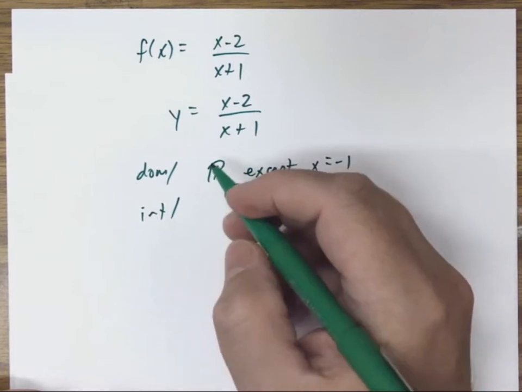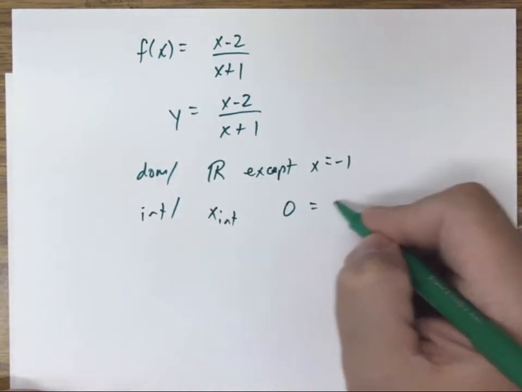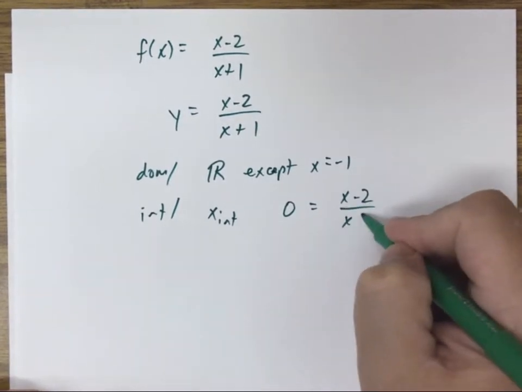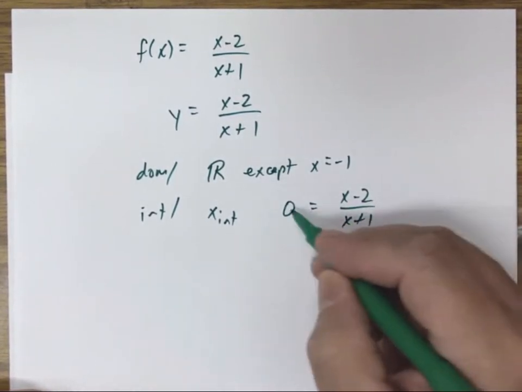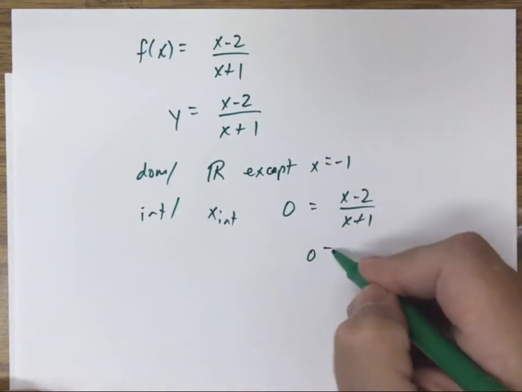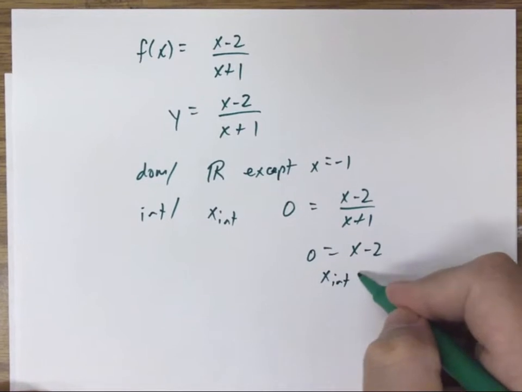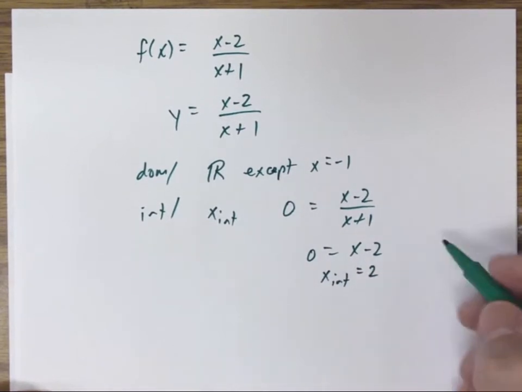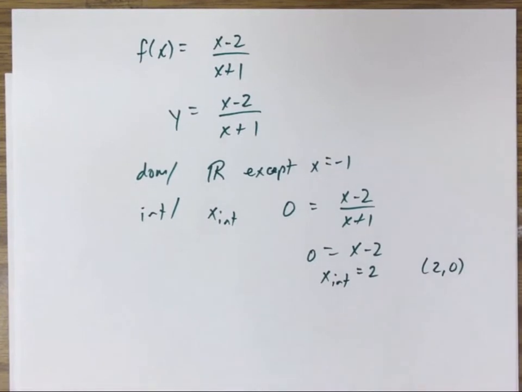Intercepts, let's see, how about x-intercepts? So if I set y equal to 0 and try and solve for x, you can see if I multiply both sides by x plus 1, I end up with this. So as it turns out, I do have an x-intercept at 0.